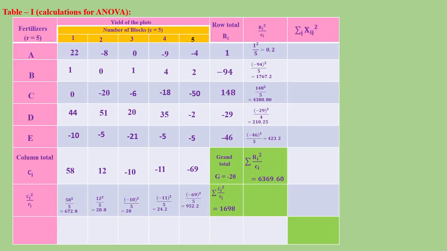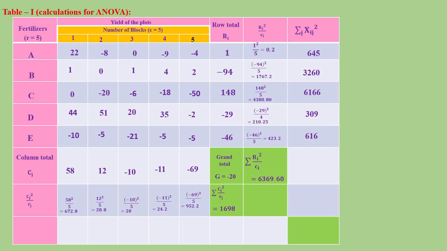Next you have to find the sum of the squares. First row sum of squares: 22 square minus 8 square plus 0 square, and so on. You will get 645. Second row 3260, third row 6166, fourth row 309, and last row 616.